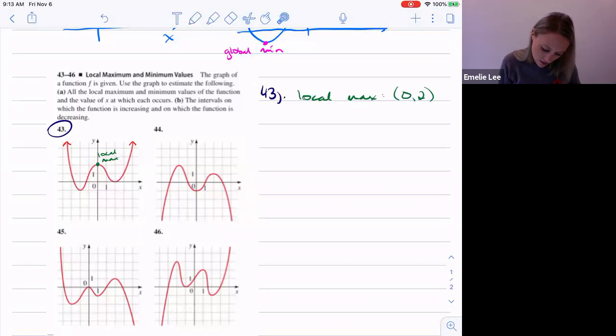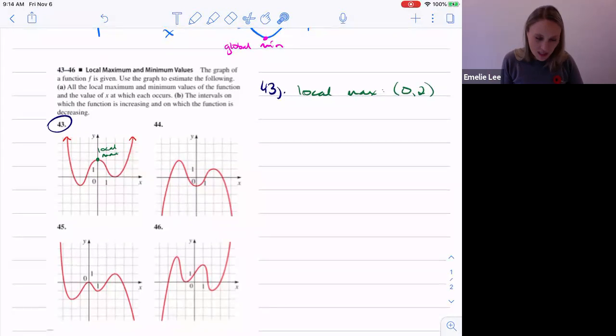Looking at the overall behavior of this graph, it seems like it's going up, up, up. Let me just put a little bookmark in there, hands free.